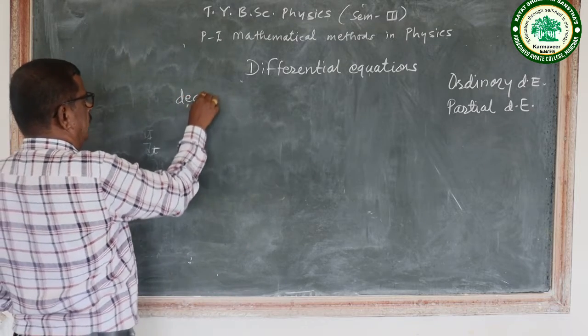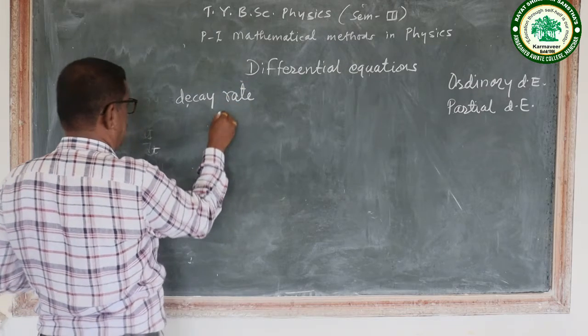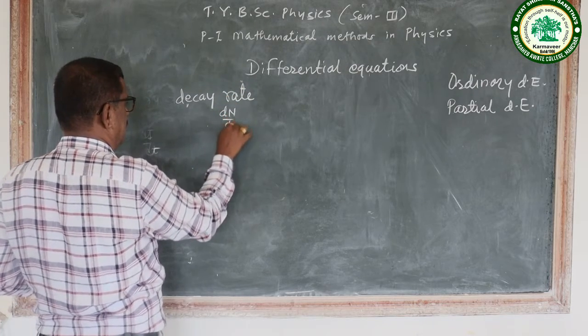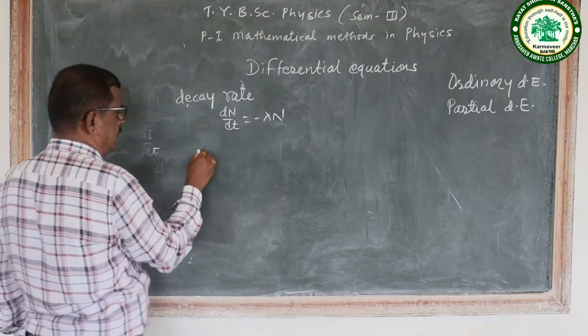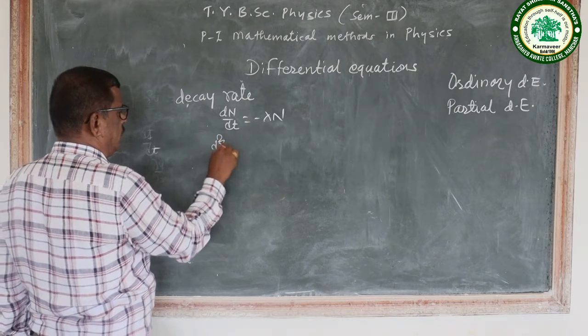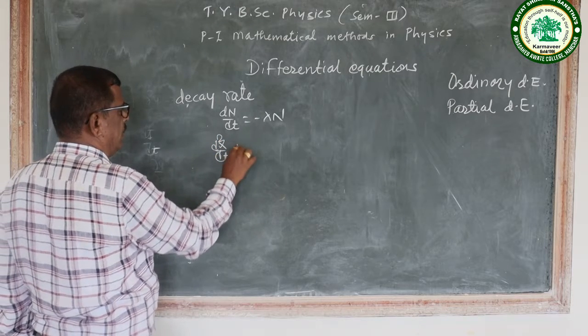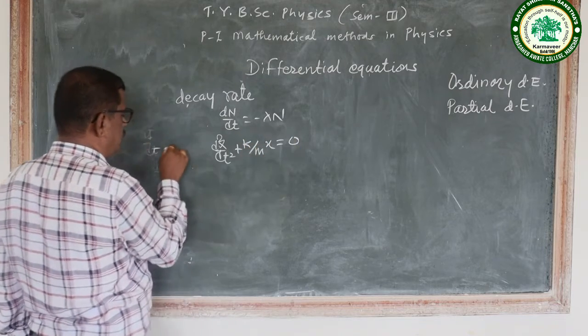Let us see the decay rate. Such a differential equation is dn by dt equal to minus lambda n. Or let us take the equation of SHM, that is d2x by dt square plus k by m x equal to 0.